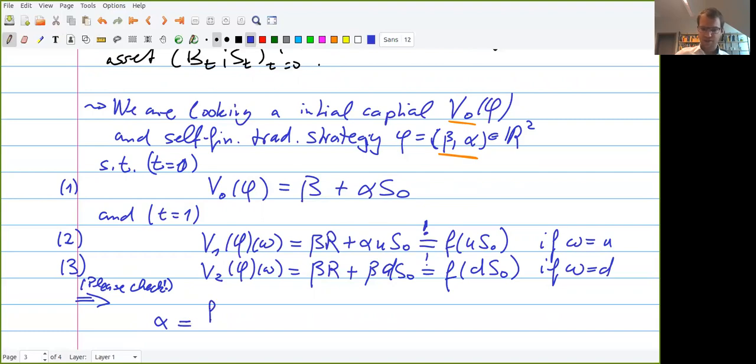So alpha, if I haven't done anything wrong, is given by this quantity.